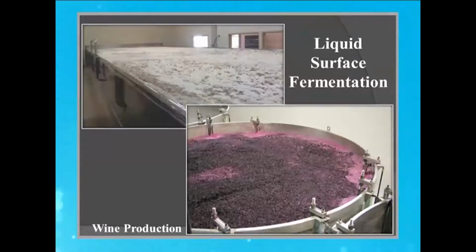Now, in most cases, this liquid surface fermentation is meant for fungal mycelial growth of the nature of Aspergillus, Rhizopus, at times giving us products like mycoproteins or single cell proteins from other bacterial sources as well. So, these are the list of products which we can derive by liquid surface fermentation.